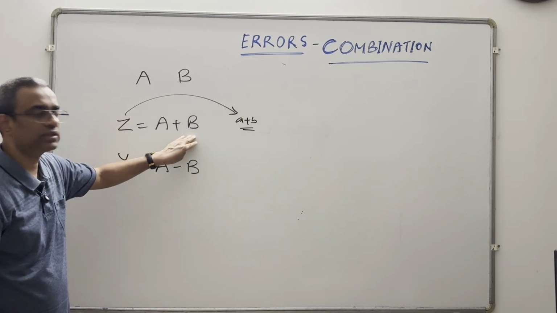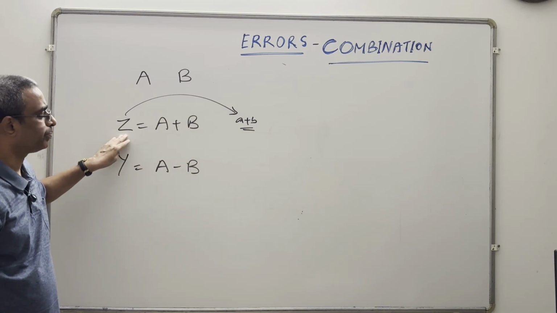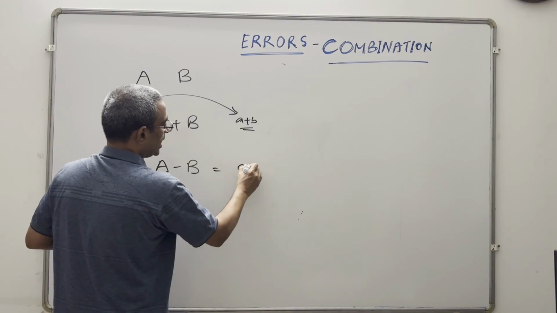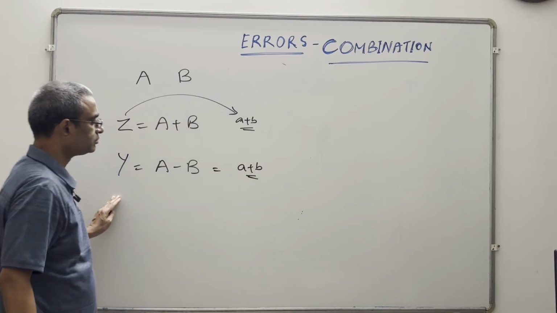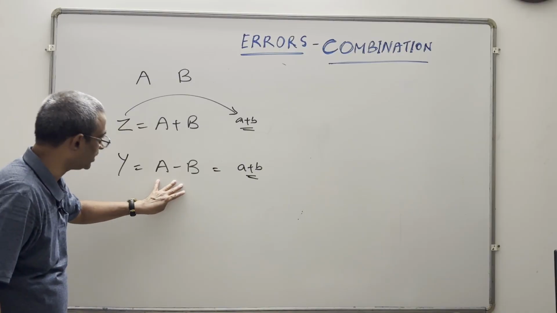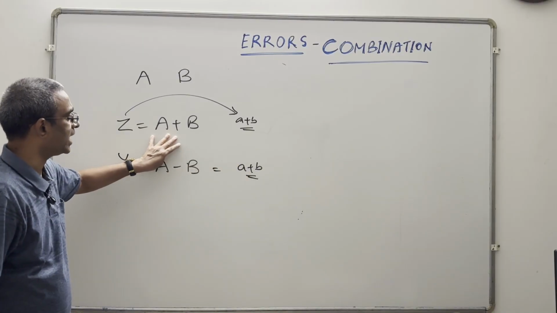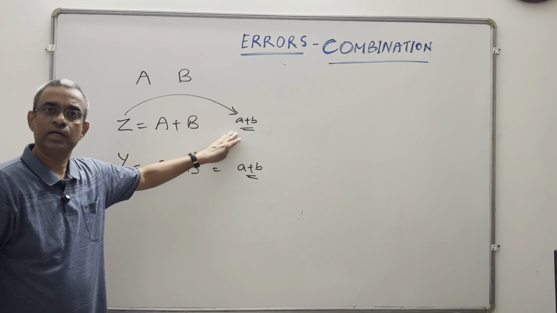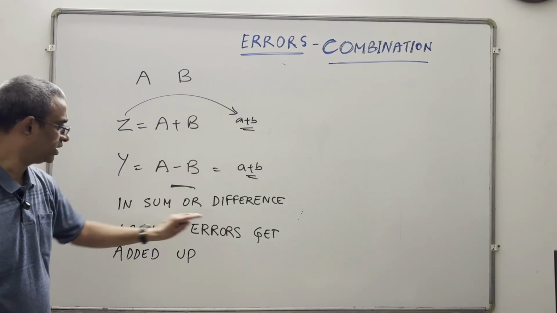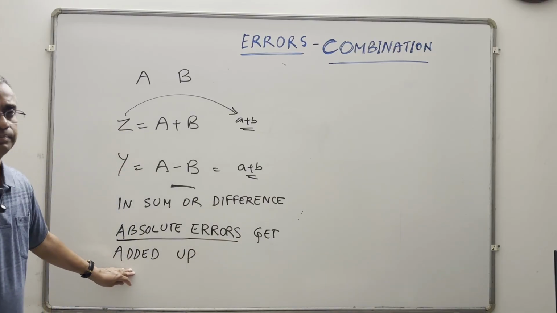So the absolute errors in A and B get added up. So in addition and even in subtraction, they get added up. Even though we are subtracting, the absolute errors get added up. Even though we are adding, the absolute errors get added. So we need to remember that. In sum or difference, the absolute errors get added up.